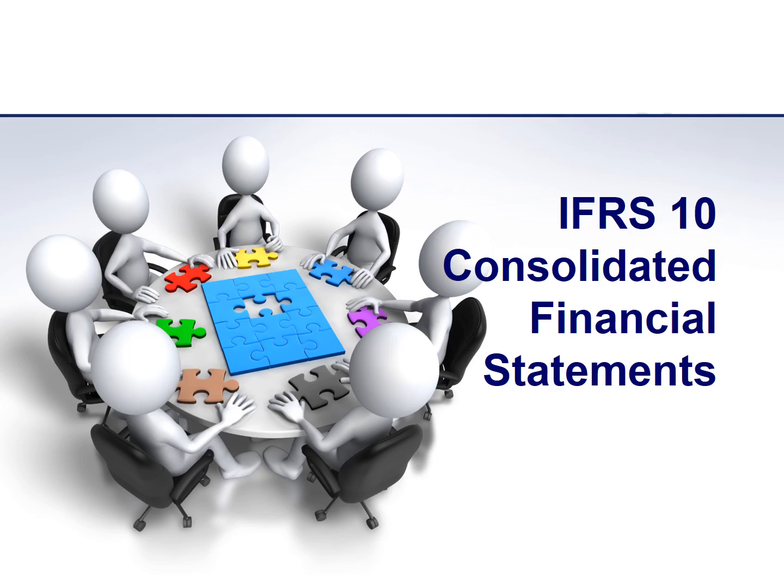IFRS 10 replaces the previous version of IAS 27, which dealt with consolidated and separate financial statements, and as a contrast in the requirements of the previous standard and the new standard, it introduced a new and improved definition of control, explaining under what circumstances an investor would control an investee, and also introduced new exceptions to the principles of consolidation in comparison to its predecessor standard, which only had limited areas where an investor would be exempted from preparing consolidated financial statements, in terms of which all of the subsidiaries would be consolidated.